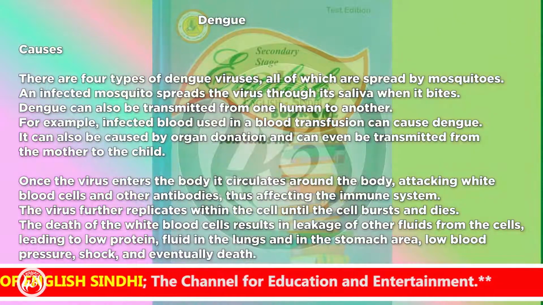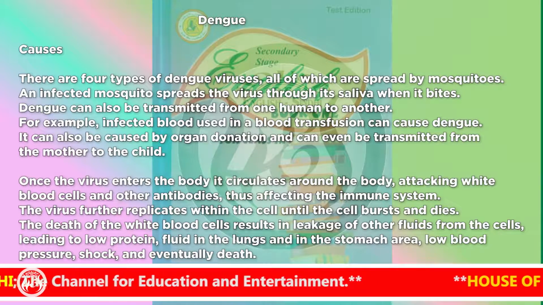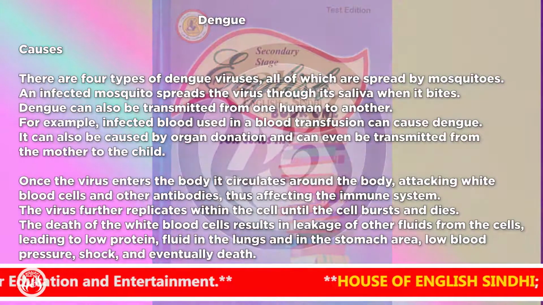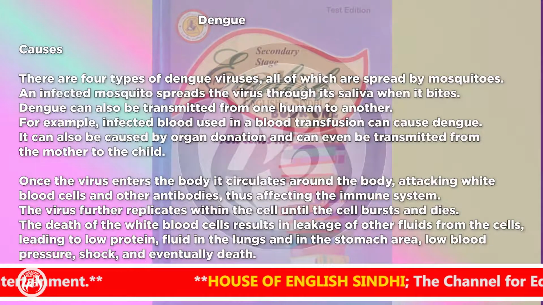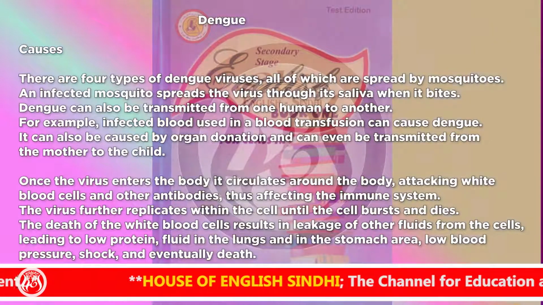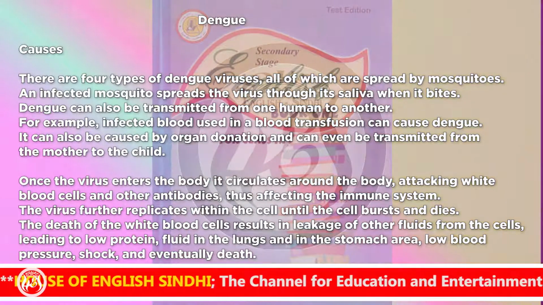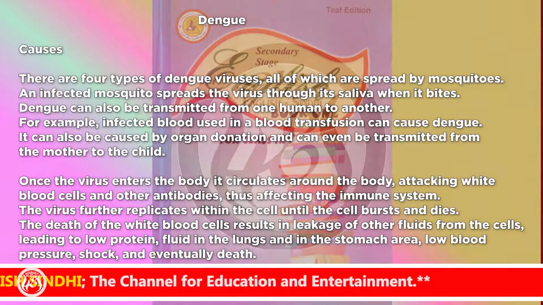Once the virus enters the body, it circulates around the body, attacking white blood cells and other antibodies, thus affecting the immune system. The virus further replicates within the cell until the cell bursts and dies.